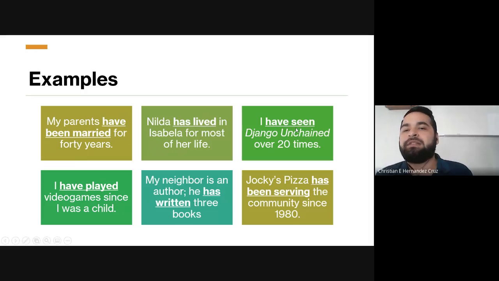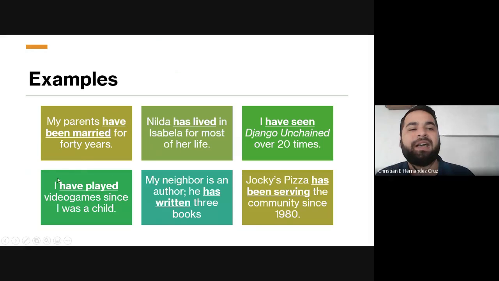I have seen Django Unchained over 20 times. Once again, we use have instead of had. If we were to use had, then this would be a past tense. But in the present, we can use have or has, and it's all good.